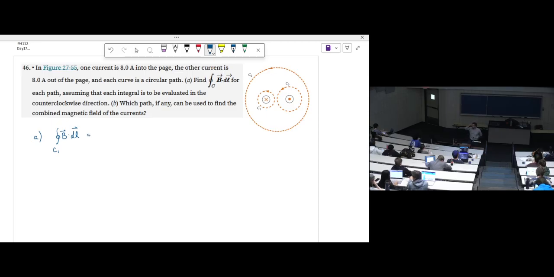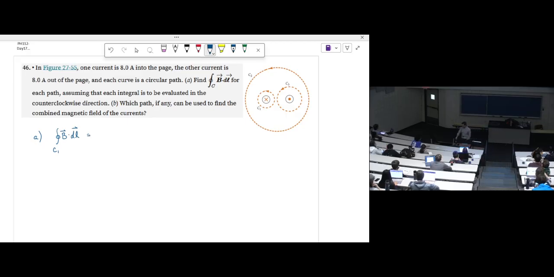Well, you could go through and remember that for a long straight wire, the magnetic field goes as I over 2r, something like that. And you could do the integral in the phi direction and integrate from 0 to 2 pi. But what is the simpler way, if you look back in your notes, to figure out what the value of this is? Yes? Ampere's law.